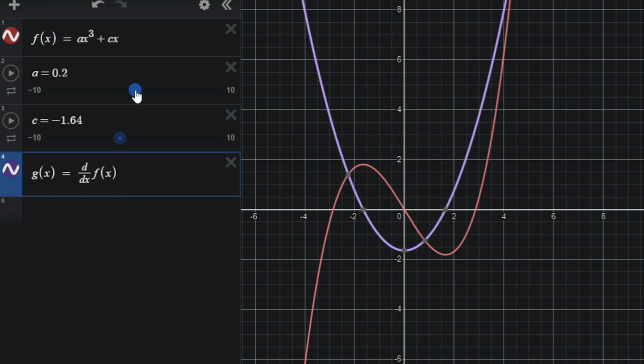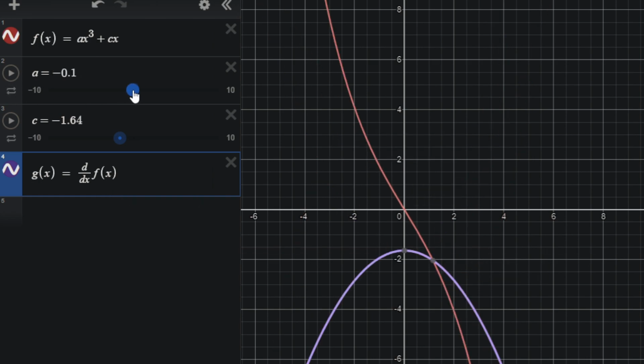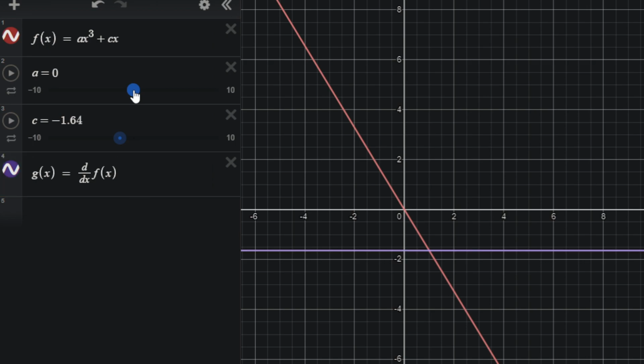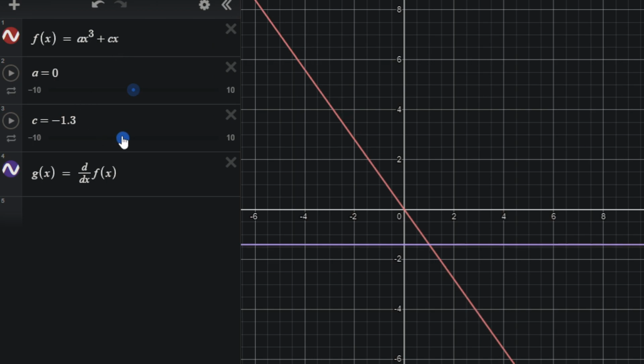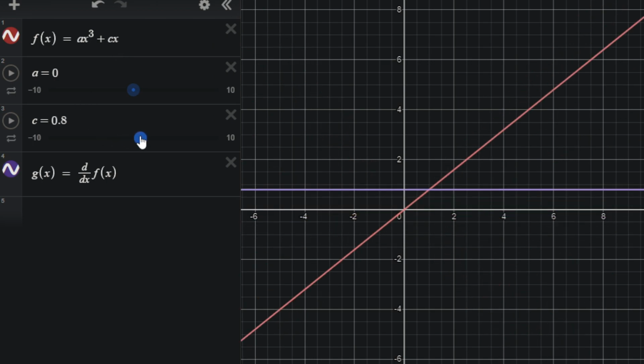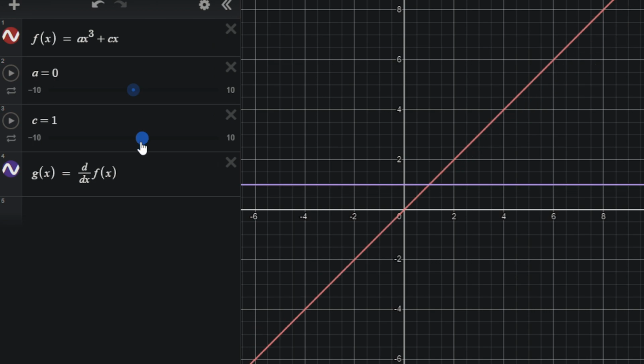And then you can adjust the slider as you like. So an extreme case here, if we set a to 0, then that means we're just looking at the line cx. We can flip that around to make it a little nicer, right? So this is now the line y equals x, which has slope 1, right? So the derivative is constant.